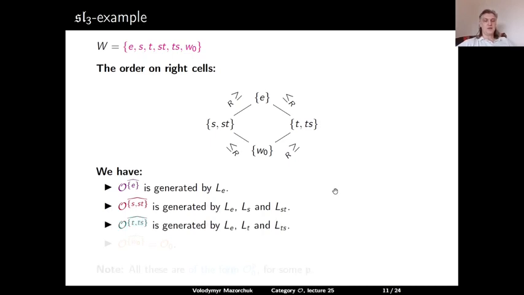The category O_{T,TS} hat is generated by LE, LT, and LTS. And the category O_{W0} hat is the whole category O0. It is interesting to point out that in this particular small example, all of these categories are in fact parabolic subcategories in O for four different parabolic subalgebras.